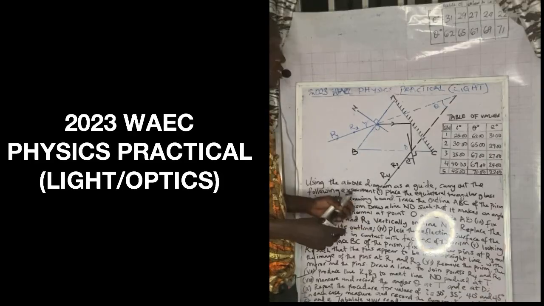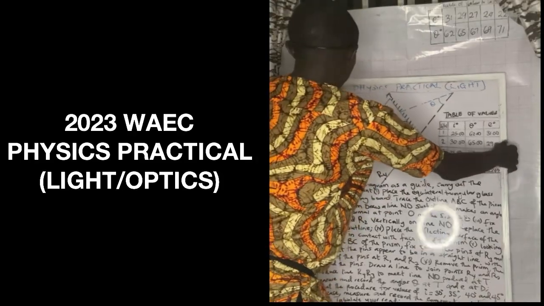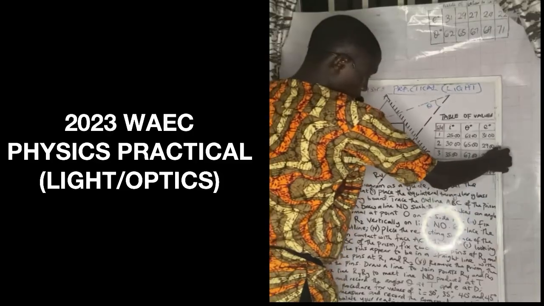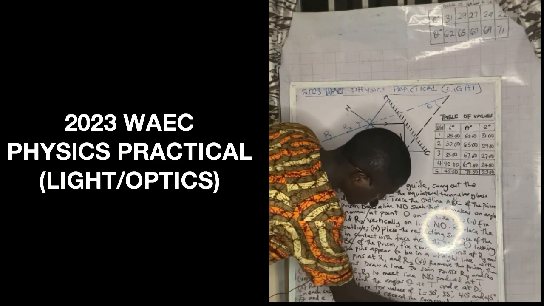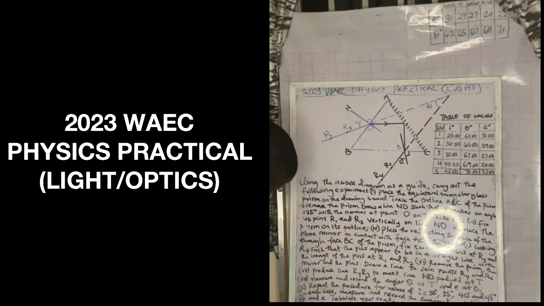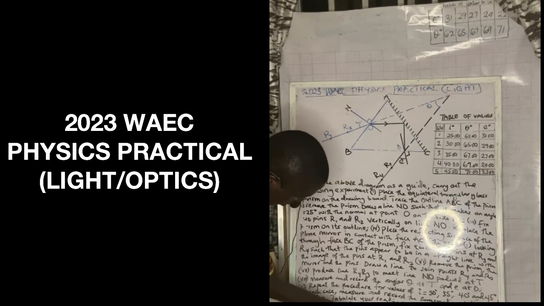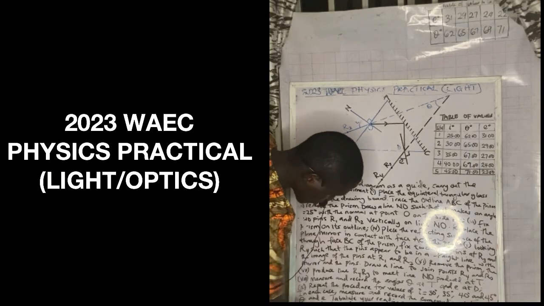Now let's go into the plotting of the graph, to save our time. The question says we are to plot a graph of E on the vertical axis and theta on the horizontal axis.